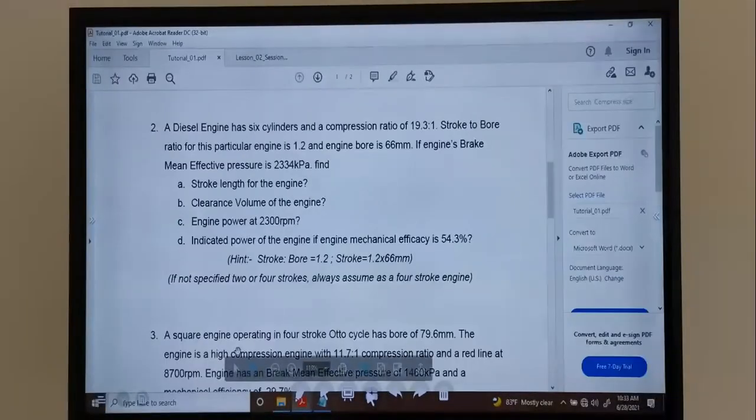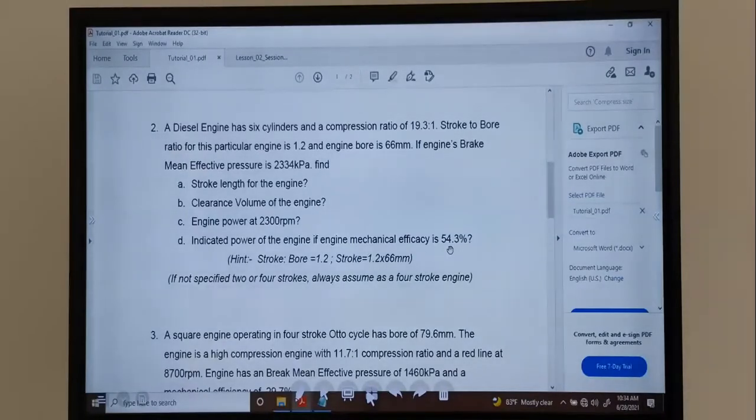So now we have found the brake power. Next, find the indicated power of the engine if the engine mechanical efficiency is 54.3%. We already did this kind of question.